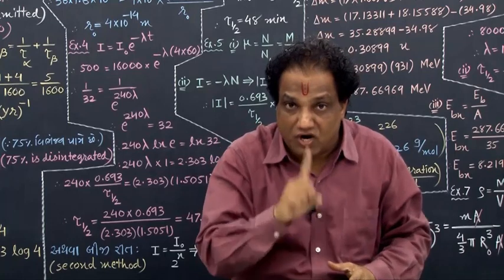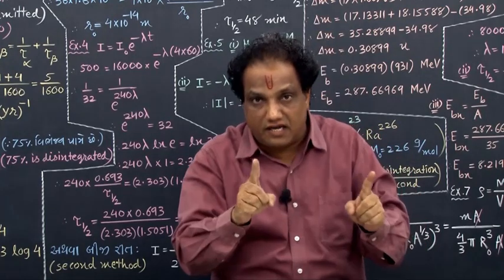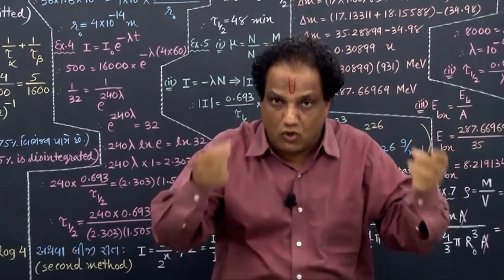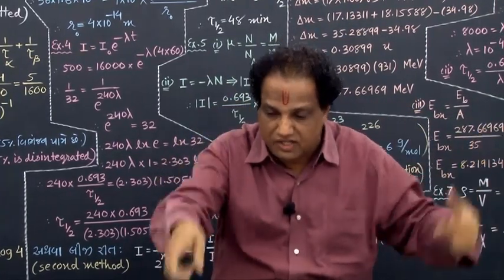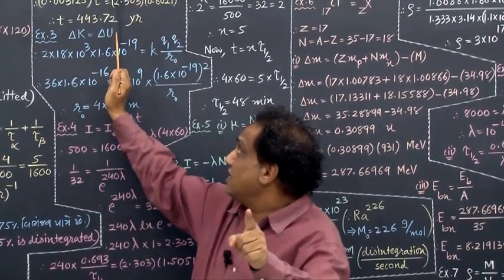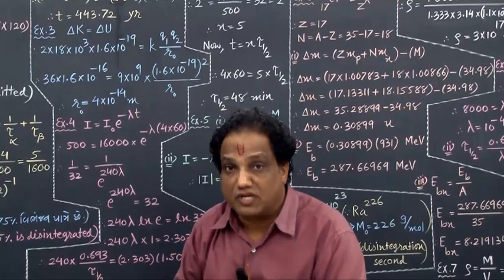So in this process, kinetic energy decreases, potential energy increases. Then according to law of conservation of mechanical energy, we can write decrease in kinetic energy should be equal to increase in electrostatic potential energy.